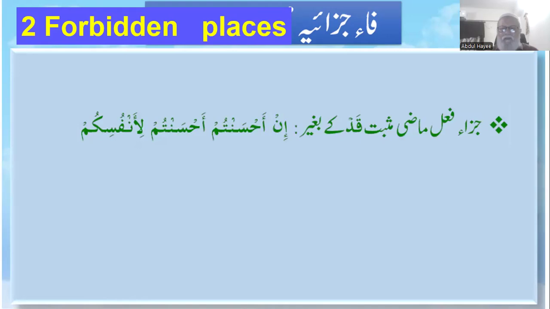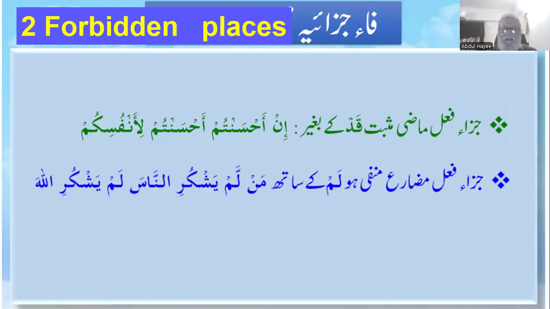There are two places where the fa is forbidden, not to be used. One is when the jaza, or the answer of the condition, is coming as fi'l madi musbat without qad. In ahsantum li anfusikum, ahsantum is fi'l madi, but not coming with qad. So we should not use the fa.